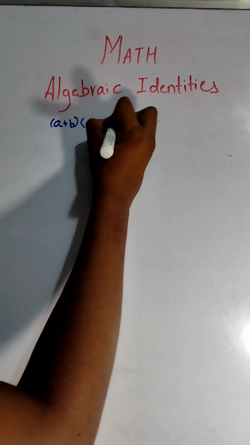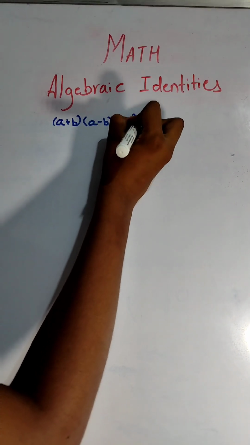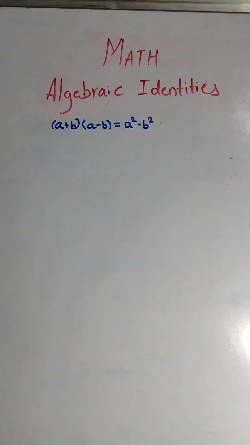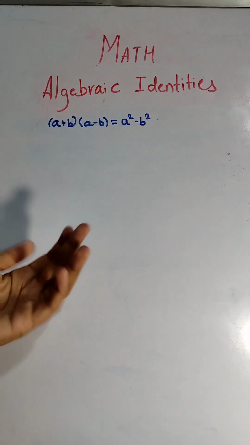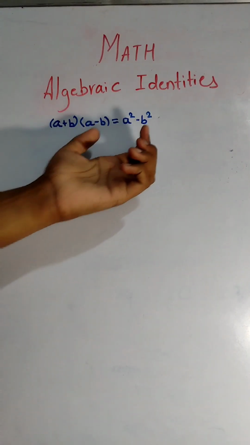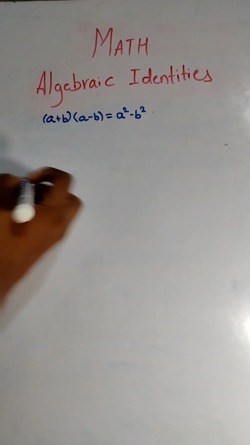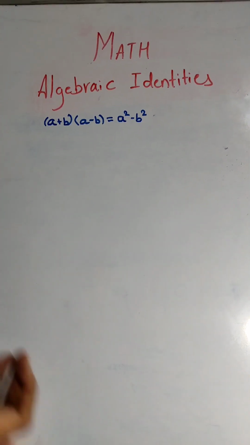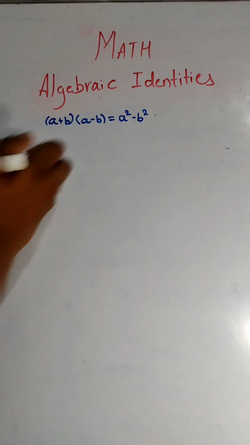That's the only thing, and this is equal to a square minus b square. It might look odd how squares are getting involved when there are no squares in the question. So let's see how this is equal to a square term, or the negative of two square terms.